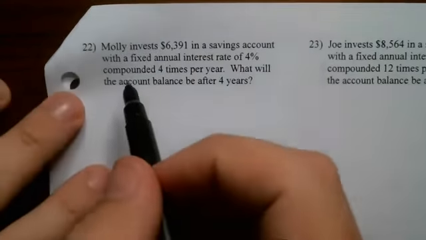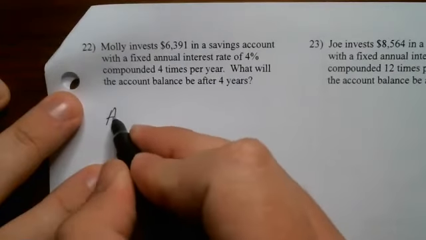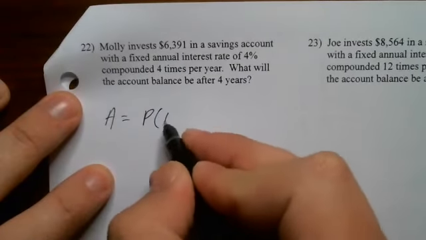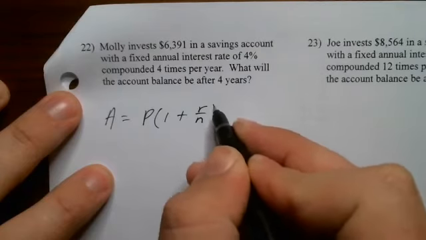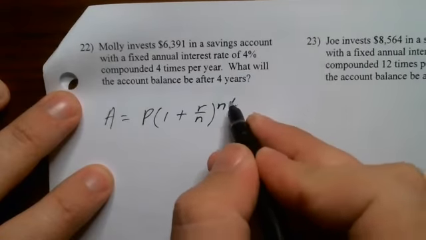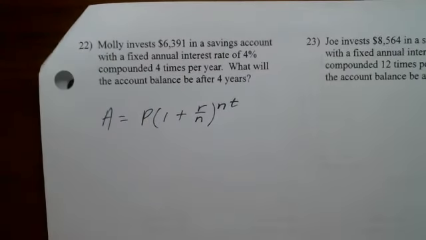So the compound interest formula is this: A is equal to P times the quantity of 1 plus r over n, raised to the n times t power. Okay, we put our principal amount in.